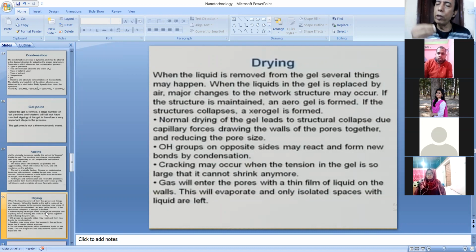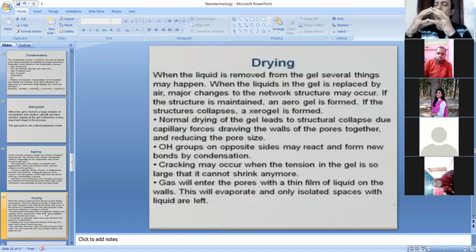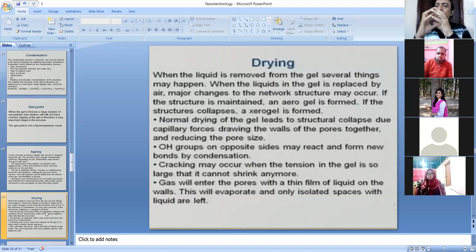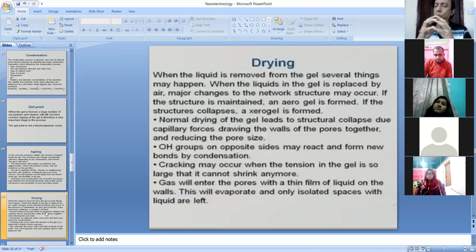So if you remove the liquid from a three-dimensional structure, say for example, this is a three-dimensional structure. Inside this structure, there are liquids. Now, if you remove this liquid, what will happen to this structure? It may happen that air will replace that liquid, or this three-dimensional structure may collapse.